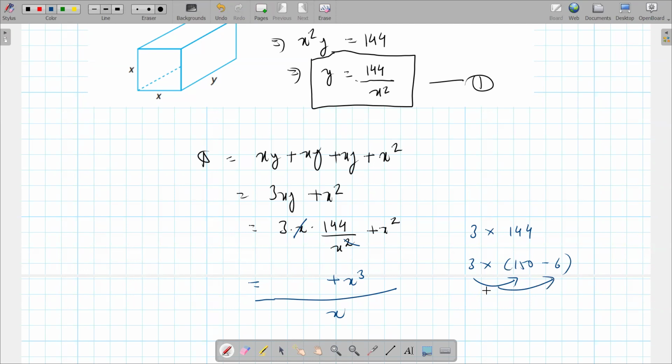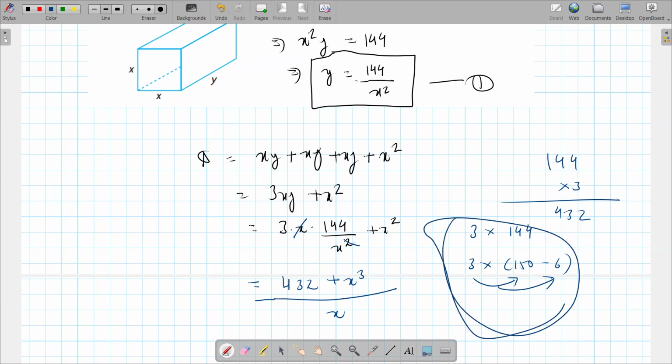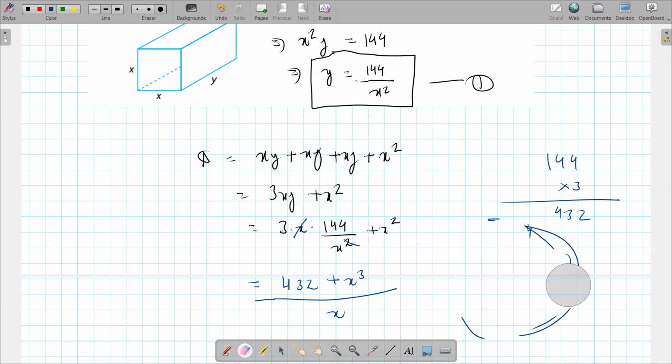What's 450 minus 18? It's 432. Yes. So if someone asks you to do 3 times 144, you want to do it like this so you can do it in your head. All right, so that's our area function.